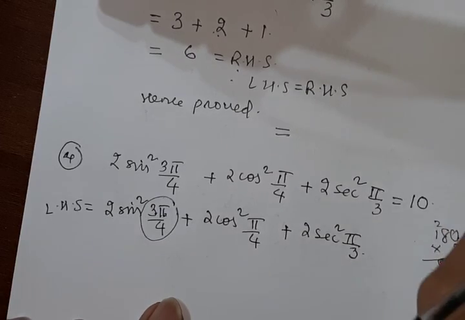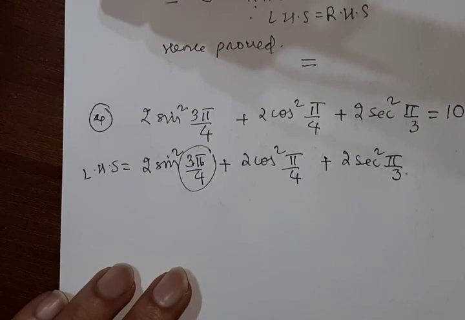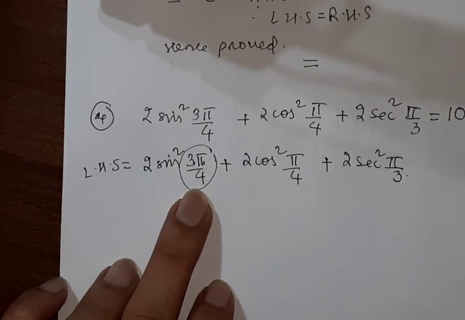So 3 pi by 4 is 540 divided by 4, so that is what.